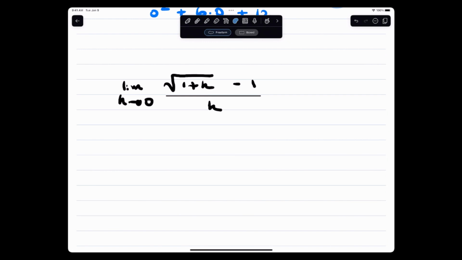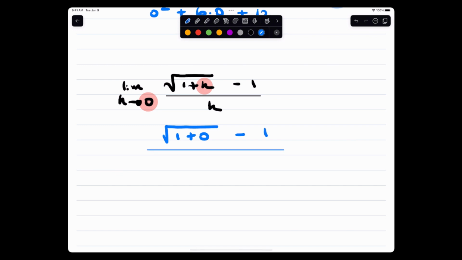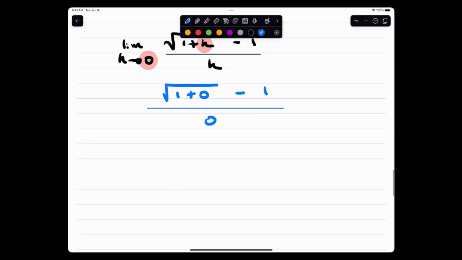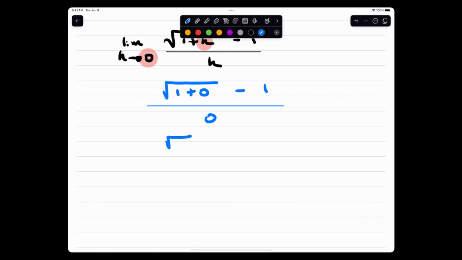So remember, by direct substitution here, you plug in 0 for h. Does this give me the square root of 1 plus 0 minus 1 over 0? And then this gives me the square root of 1 minus 1 over 0.